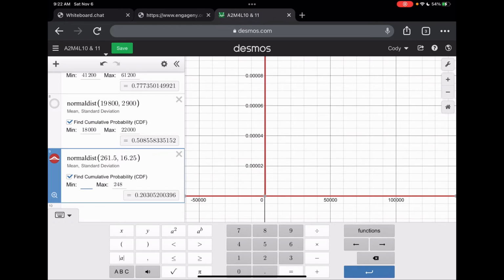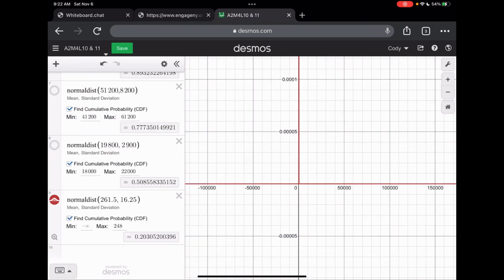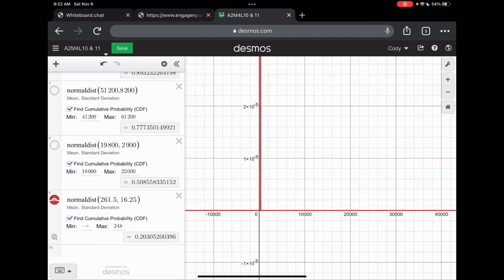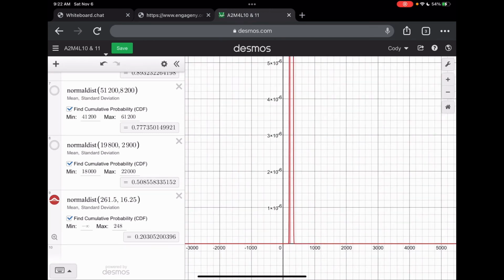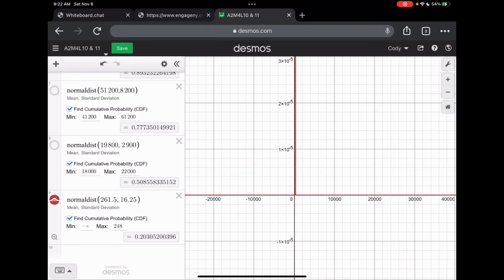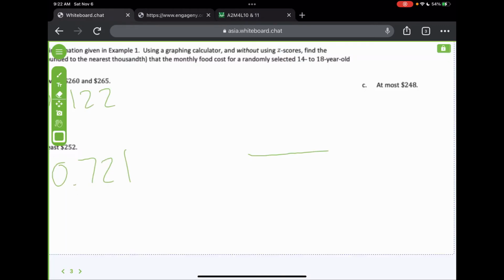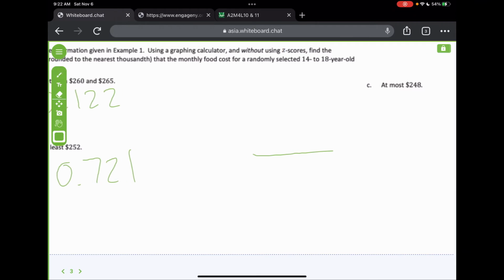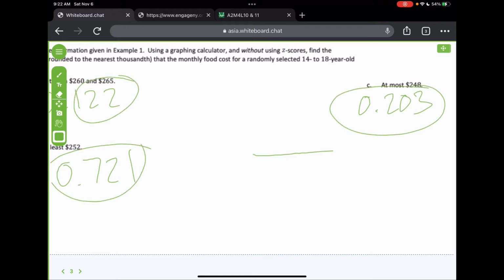The reason why it's not showing up here on my graph is because I put such crazy values in for my X and Y, but we really don't care about that right now. We're just going to look at the probability, which is 0.203 here. Okay, 0.203. That is simple enough, right? We just go look at our Desmos.